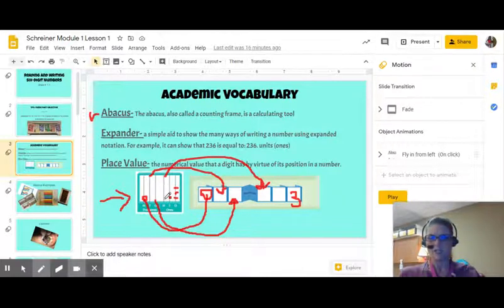So I'm going to give them 1, 2, 3, 4, 5. That's supposed to be 5 items in this hundreds column. So I'm going to go over here and put the 5.